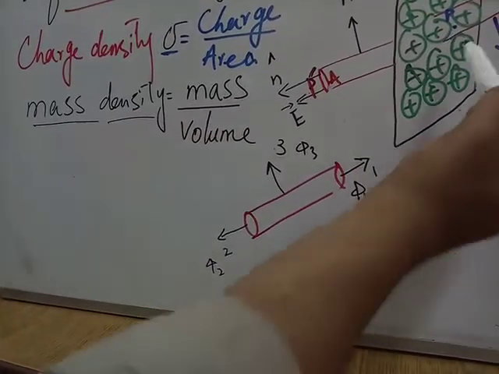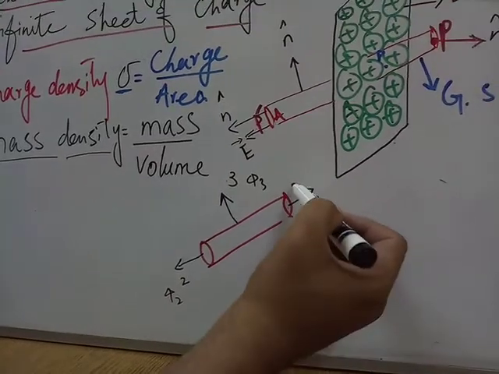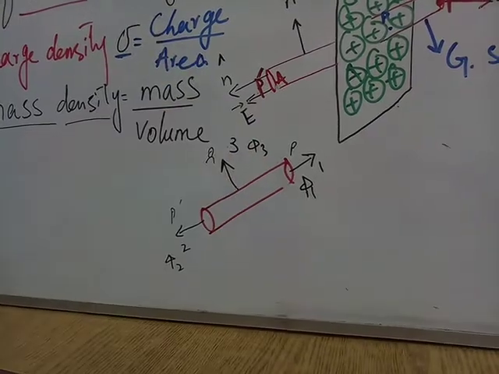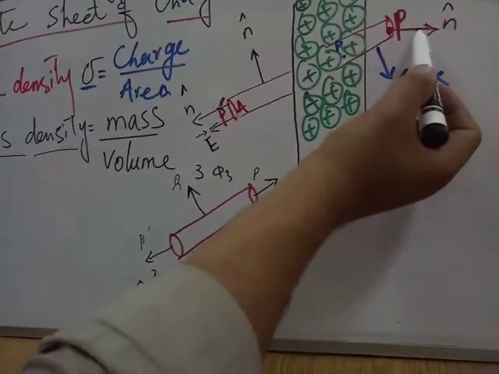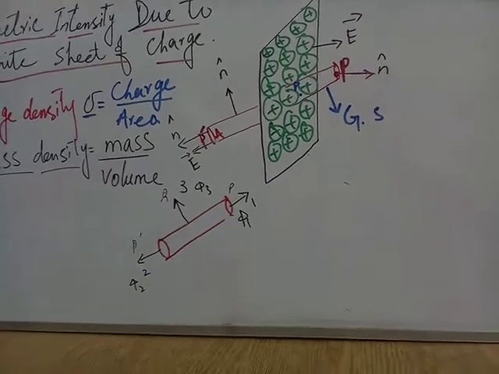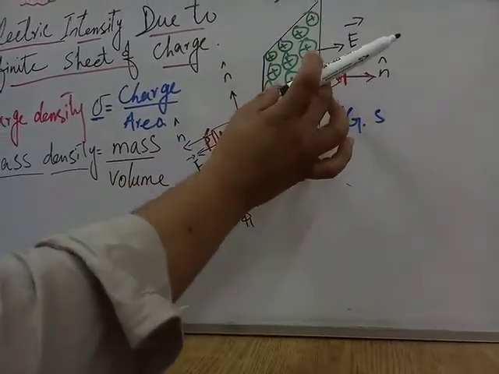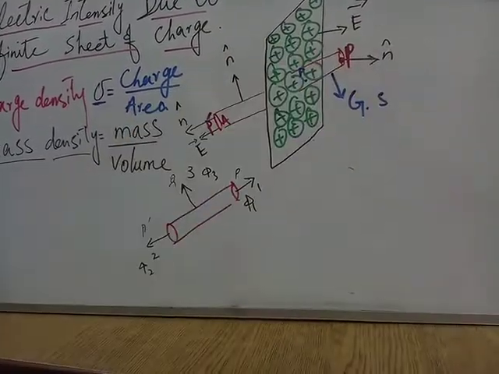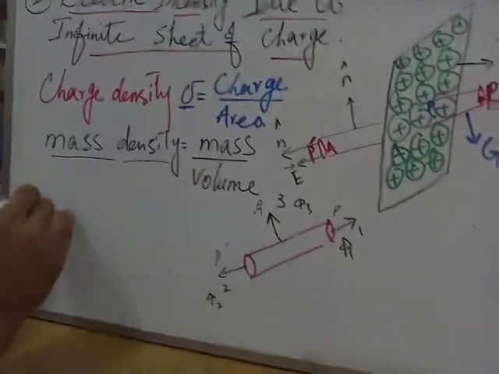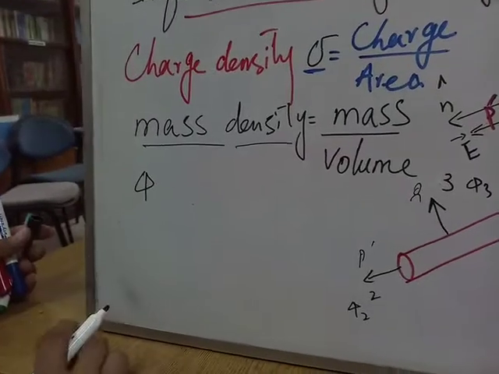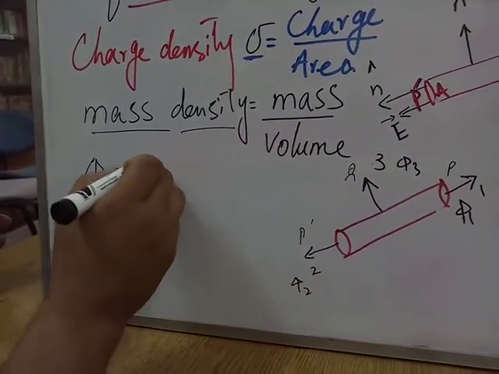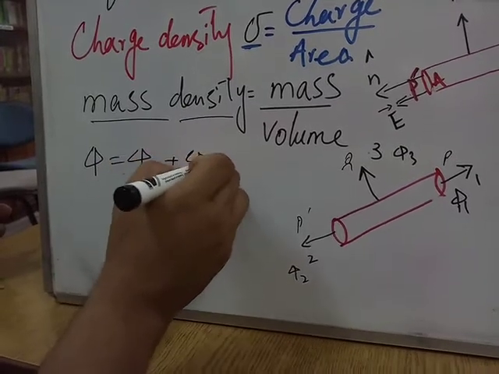So for P and P dash, you can see that the field and the area vector are parallel to each other, meaning the area is perpendicular to the surface. As we studied earlier, for these two surfaces, P and P dash, flux will be maximum.